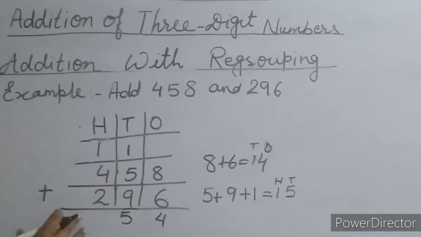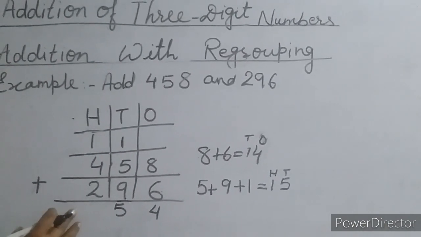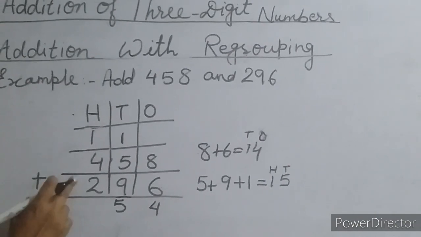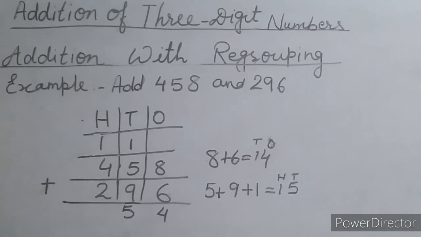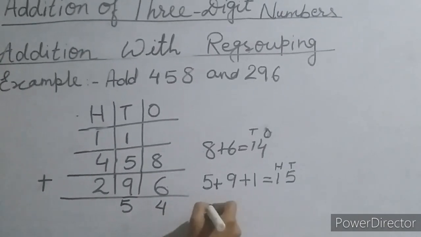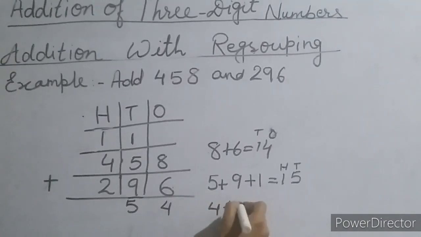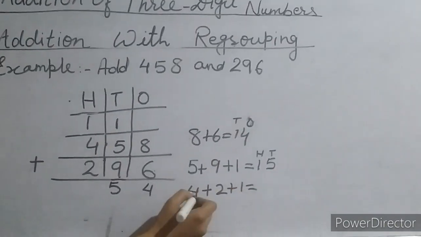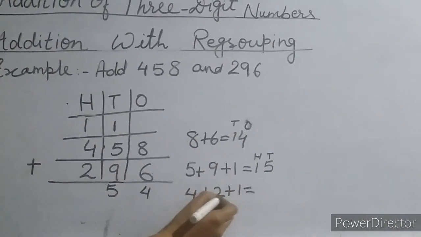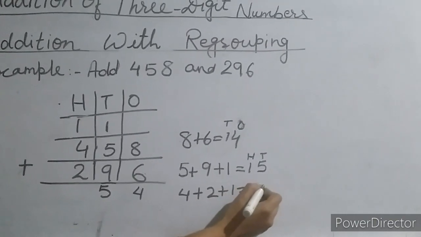So now what will you do students? Now add the hundreds, that is 4 plus 2 plus 1 carried over. So 4 plus 2 is 6, 6 plus 1 is 7.